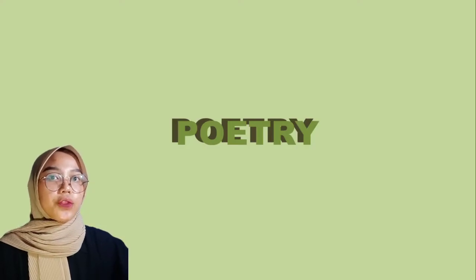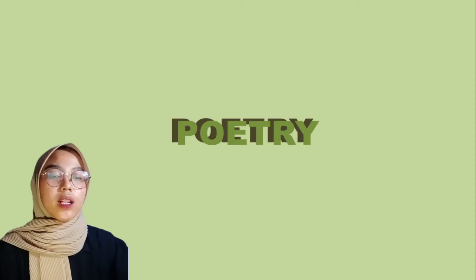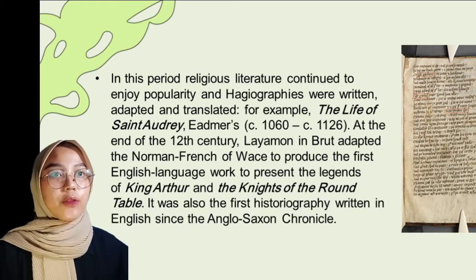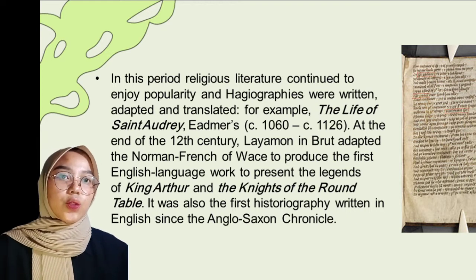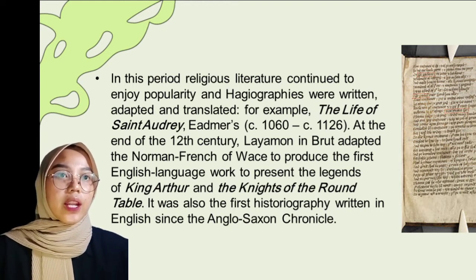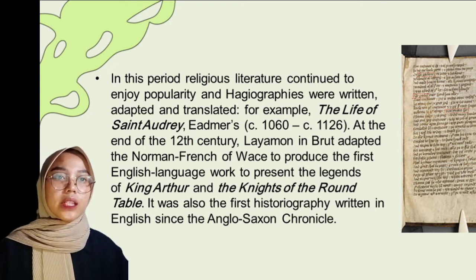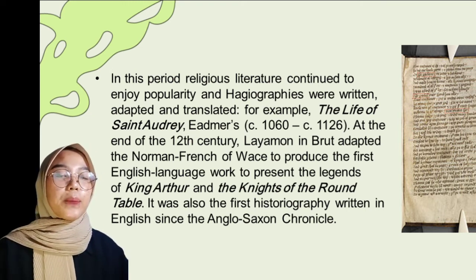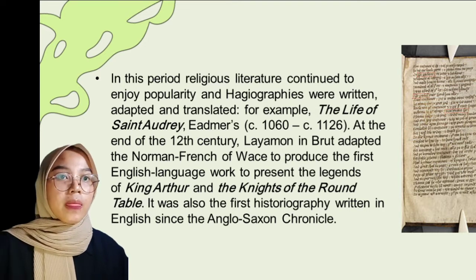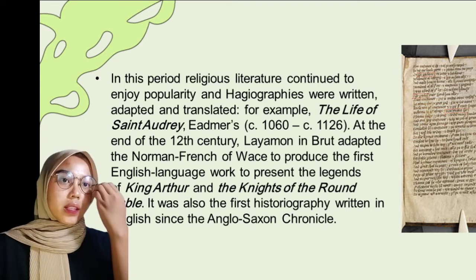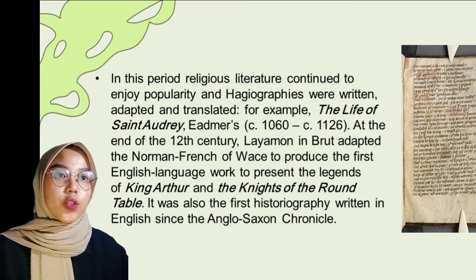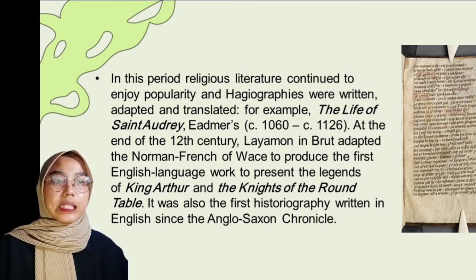Next, poetry in the Middle English period. In this period, religious literature continued to enjoy popularity and hagiographies were written, adapted, and translated. For example, the life of Saint Audrey, written in 1060 to 1166.